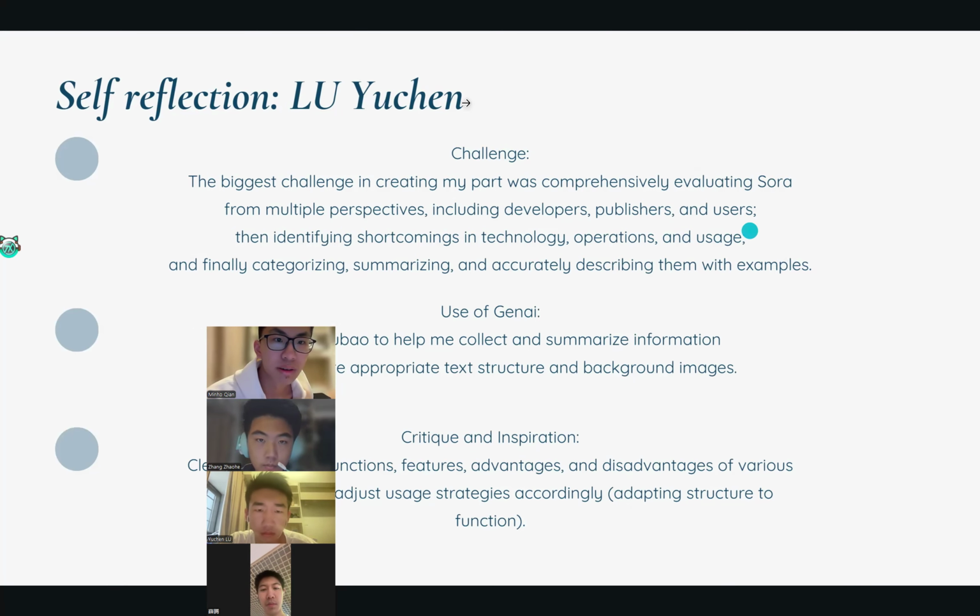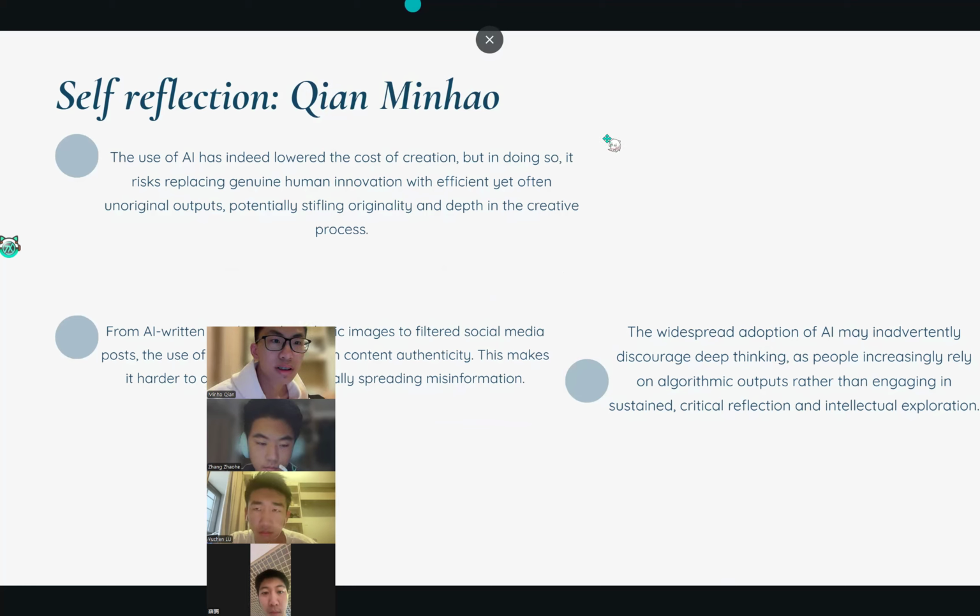Then it's about my reflections. First, the use of AI has indeed lowered the cost of creation, but in doing so, it risks replacing genuine human innovation with efficient yet unoriginal outputs, potentially sacrificing originality and depth in the creative process. And second, from AI written articles and medical images to fabricated social media posts, the use of AI tools can diminish content authenticity.